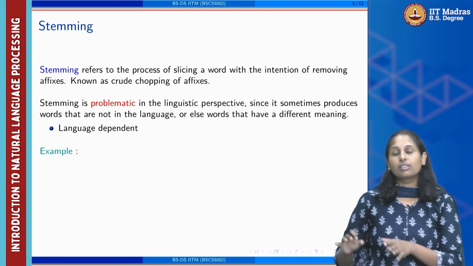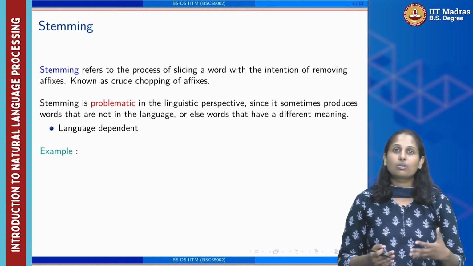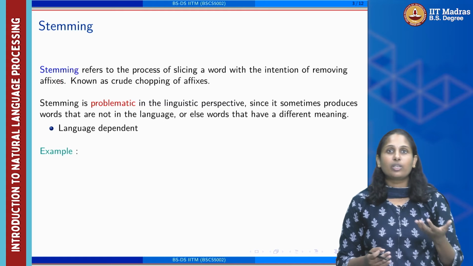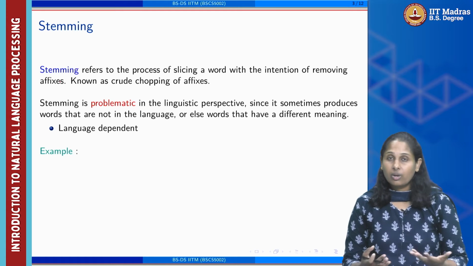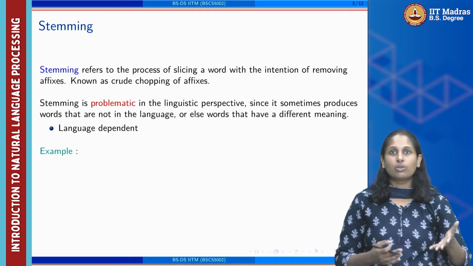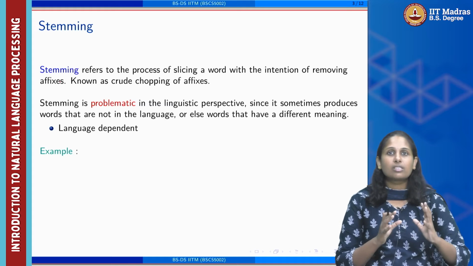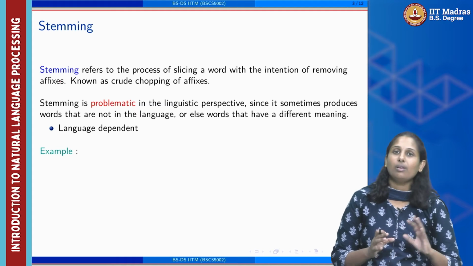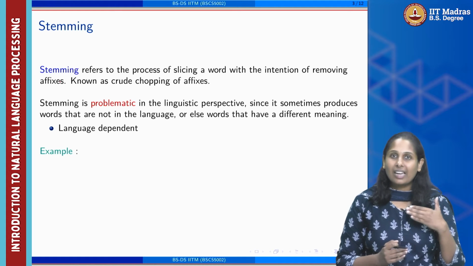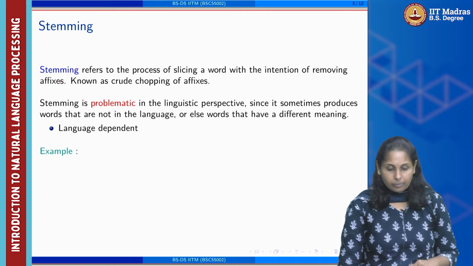It is not like the tokenization and other steps that we have talked about, because most of the time languages may use the same kind of tokenization, like dot is used as a sentence boundary in English, similarly in Hindi, danda is used as a sentence boundary. In other languages, there is a list of elements that can be utilized to identify the boundary. But when it comes to stemming, it is not the case, because it is language dependent. It is about the words that are being used in languages.